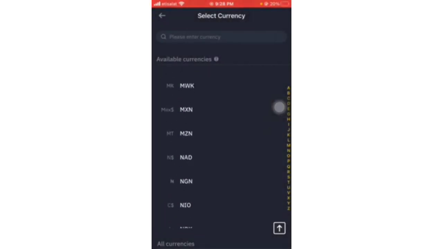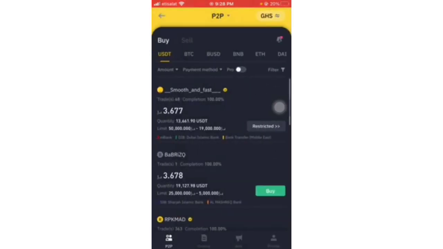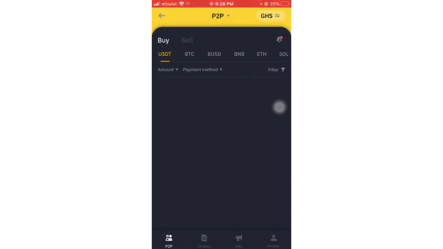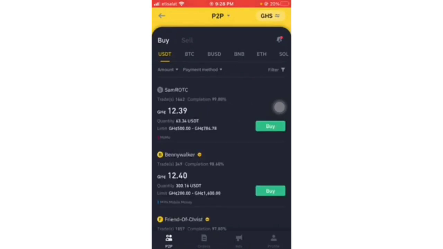So guys, let's say I want to trade Ghana cedis, this Ghana cedis right here, and now it's going to load. It's going to bring all traders from Ghana. So in this fiat currency, since Binance is a centralized exchange, it means something they control, because actually the aim of cryptocurrency is decentralized.